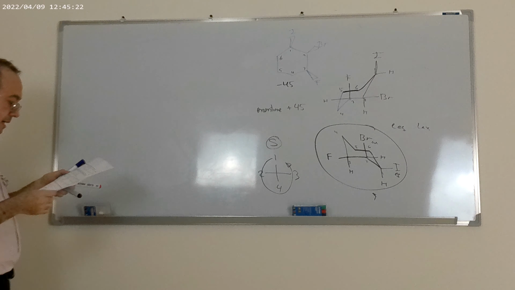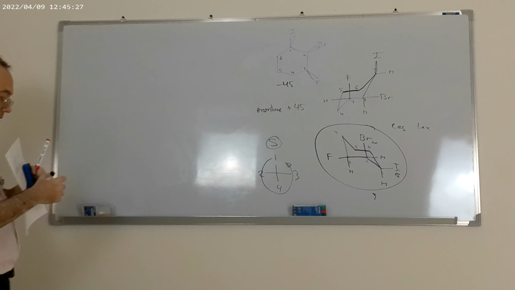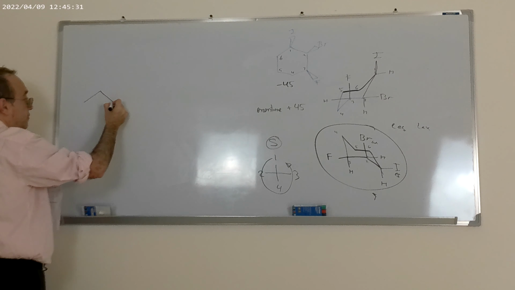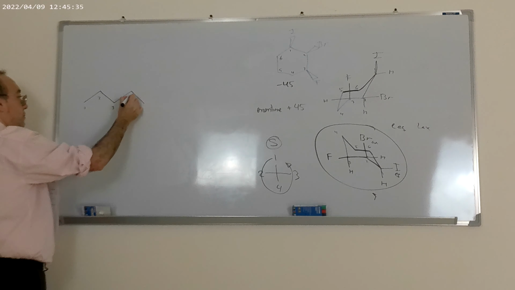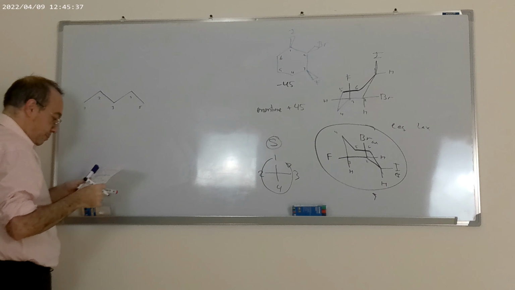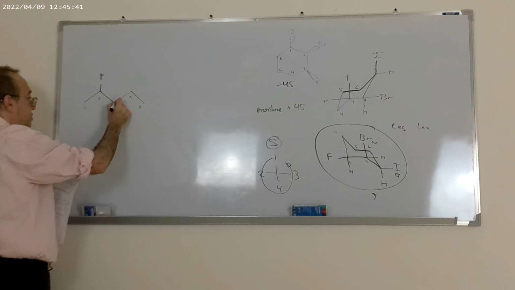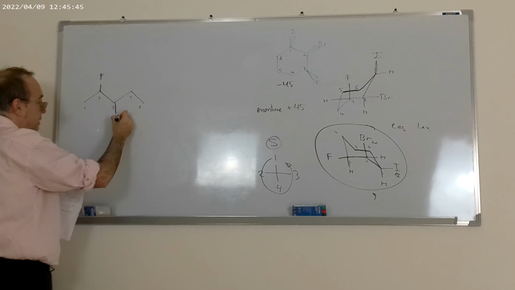Number 3 is draw the 2S, 3R, 2-fluoro-3-methylpentane. If it's a pentane, I draw the main chain 1, 2, 3, 4, 5. And they say that in position 2 we have a fluoro, and in position 3 we have methyl.